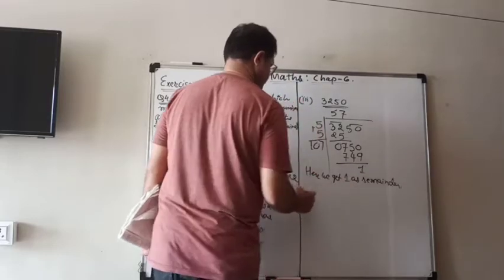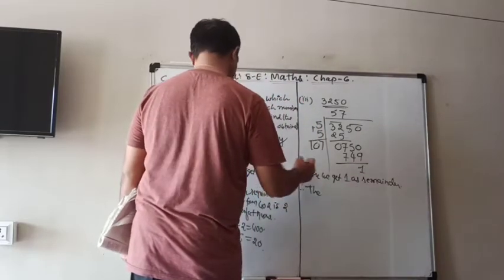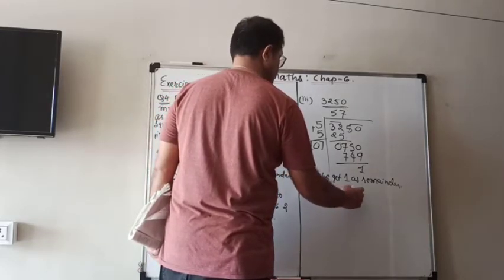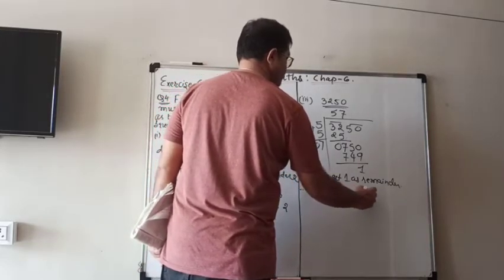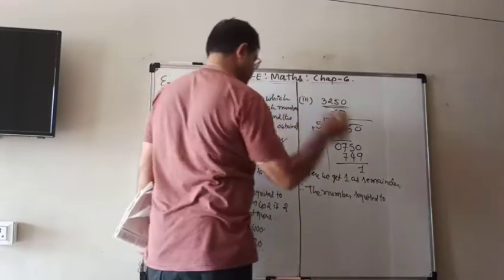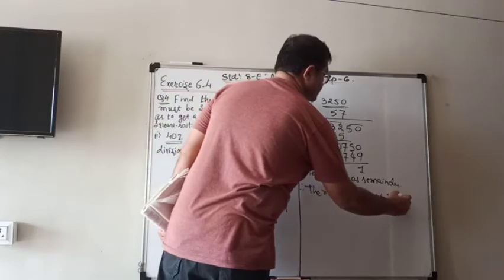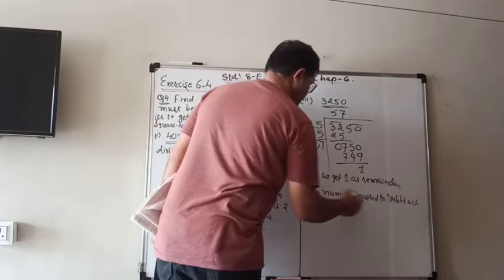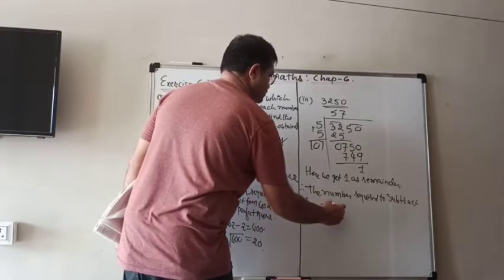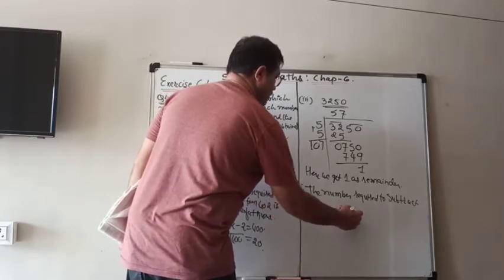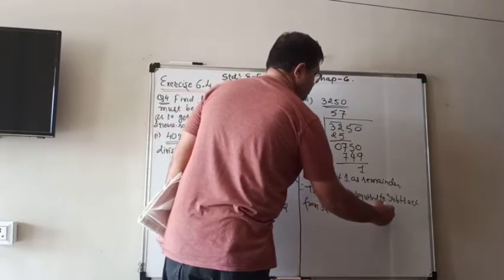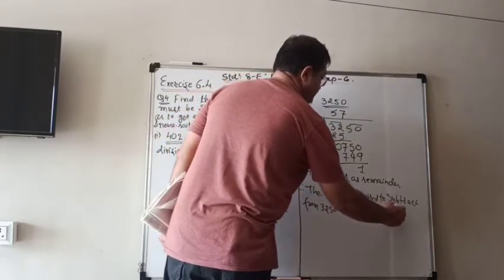Therefore, the number required to subtract from 3250 is 1 to get a perfect square.